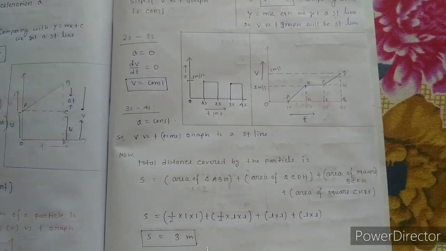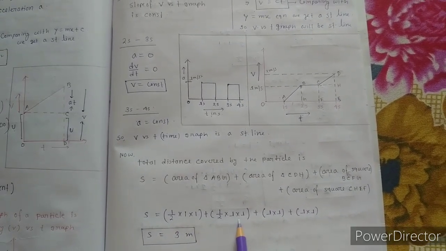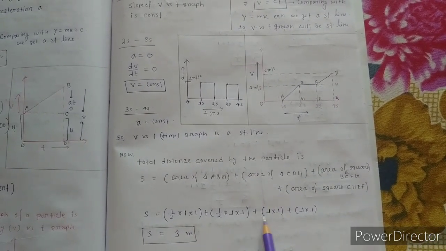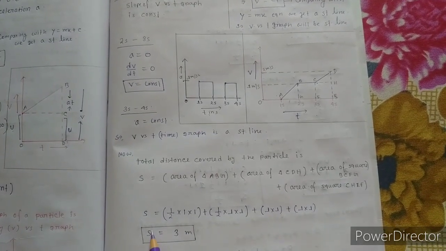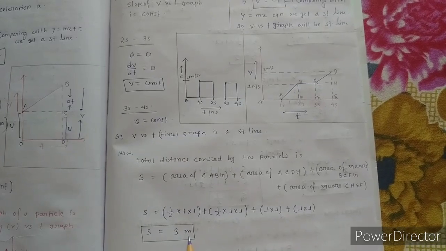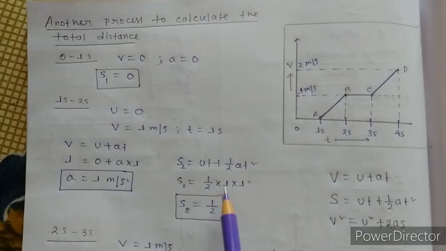So we get half into 1 into 1 plus half into 1 into 1 plus 1 into 1 plus 1 into 1. So we get S equals 3 meter. That is the total distance covered by the particle.